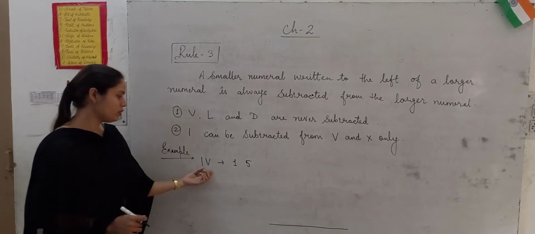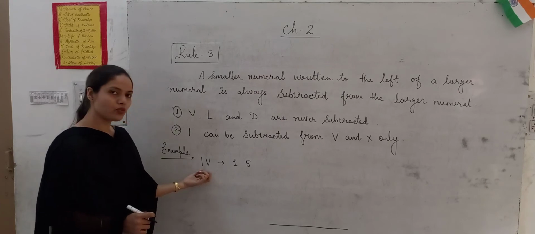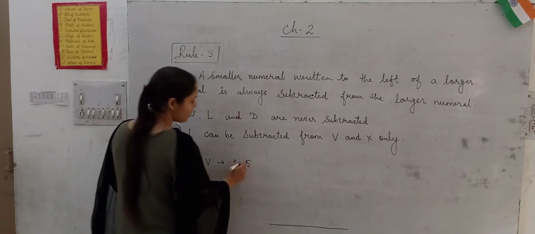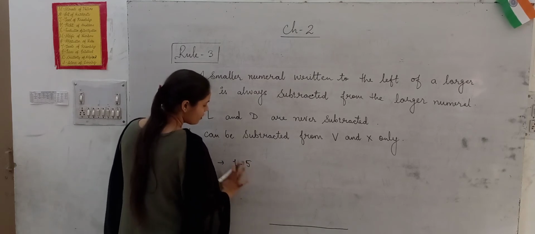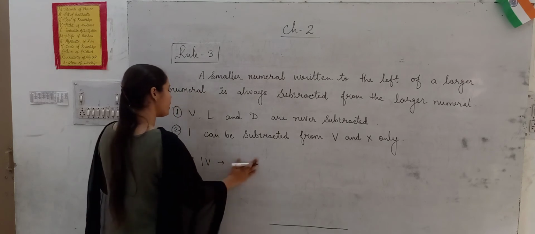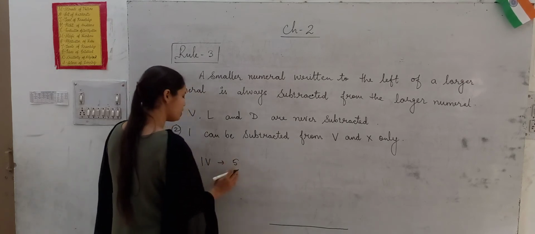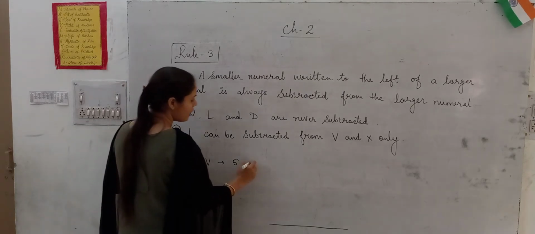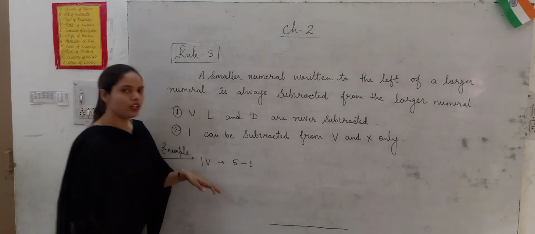If we write the numbers in the same sequence as Roman counting, we cannot subtract 5 from 1. So, we will write the larger numeral first, then put the subtraction sign, and then the smaller numeral.